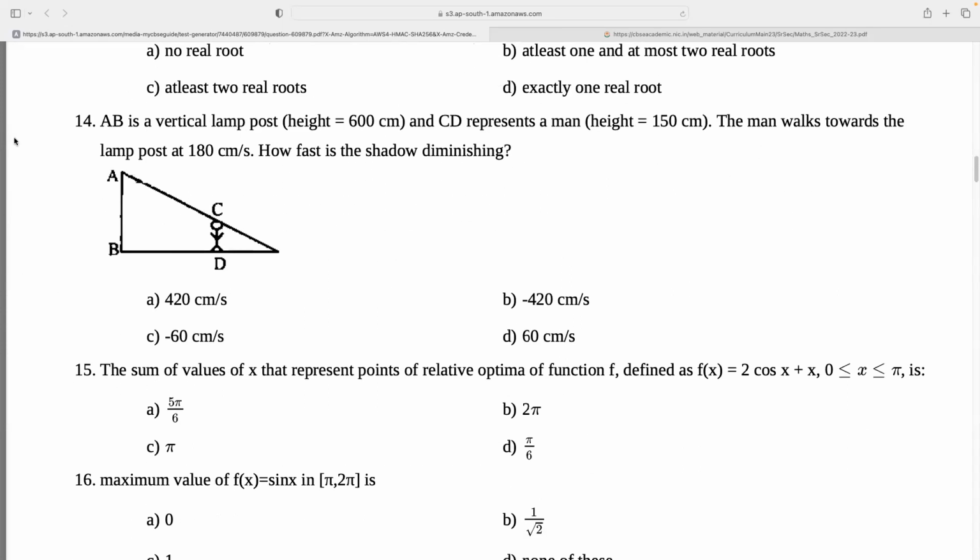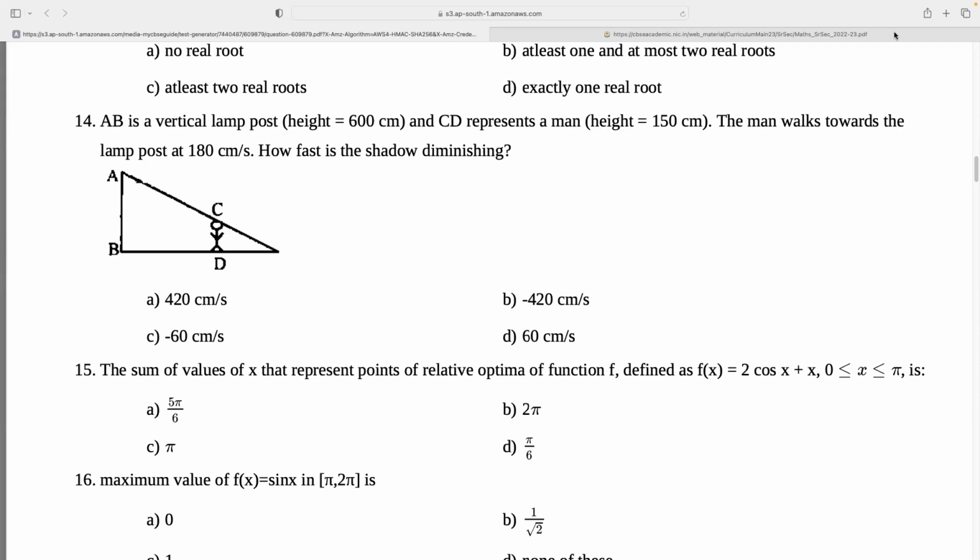We'll start with this. Do the 14th one. Let's hold this problem. Don't worry about it. We'll do it at the end. So look at the 14th one. AB is a vertical lamppost and CD represents a man. The man walks towards the lamppost at 180 centimeters per second.